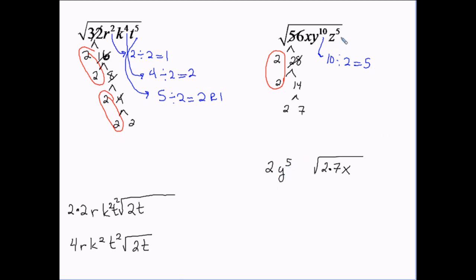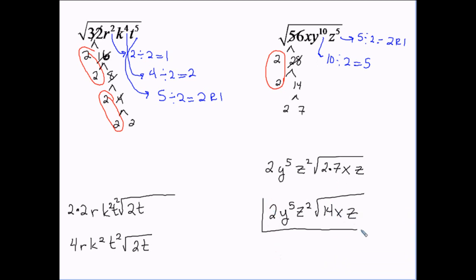And then 5 divided by 2 is 2 with a remainder of 1. So 2 z's come out and 1 stays behind. So what I end up with is 2y to the 5th z squared times 2 times 7 is 14 xz. This is completely simplified.